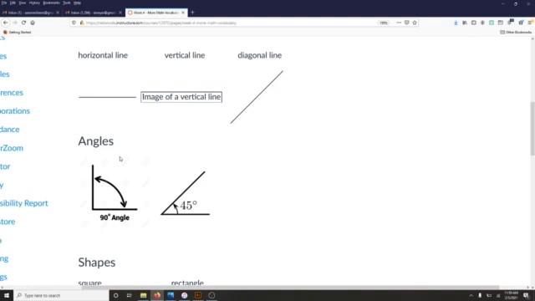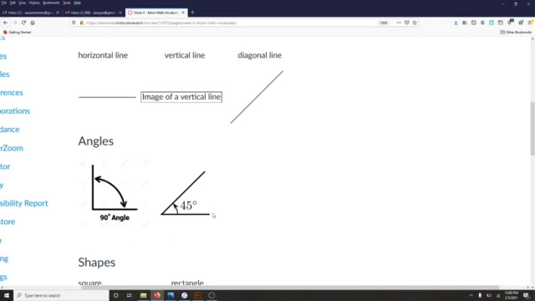Then we have angles. So here, this image is showing you a 90-degree angle. So a 90-degree angle is basically straight up from the ground. If you're looking at something from the ground, if you're going straight up, like building a wall, then you would have a 90-degree angle.